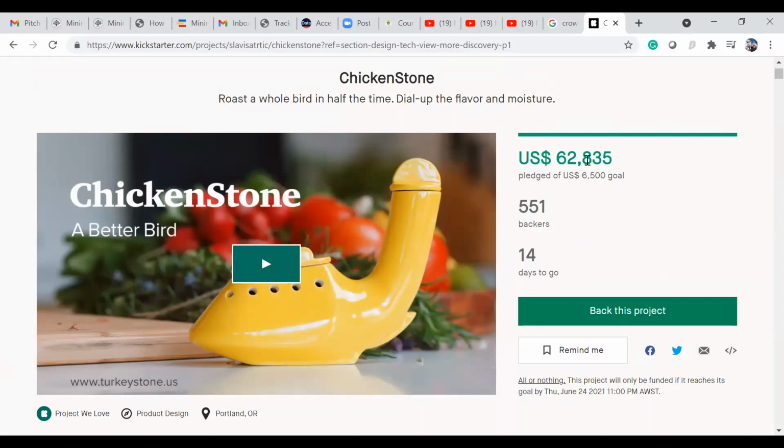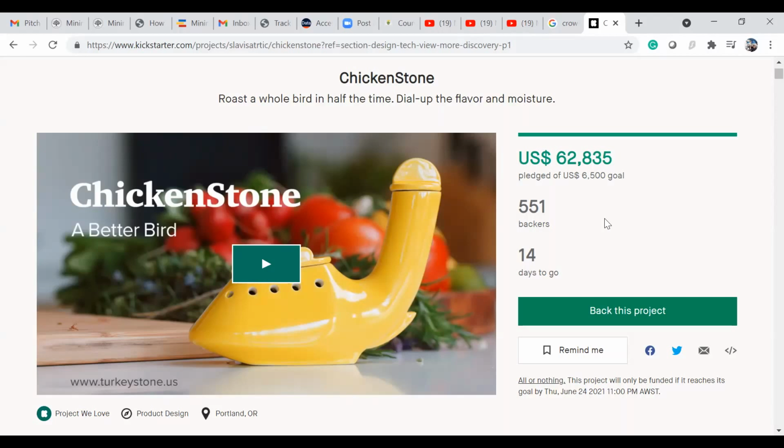Their pledge right now is 62,835, meaning they're getting money in advance to finance the development of their product. Their goal is actually only $6,500, but the pledges are now around 62,835.